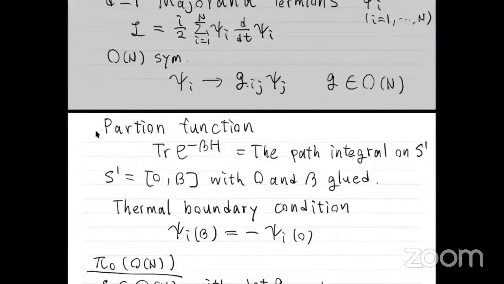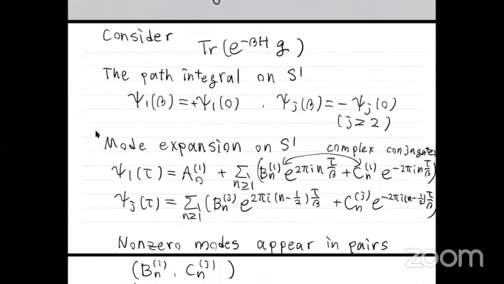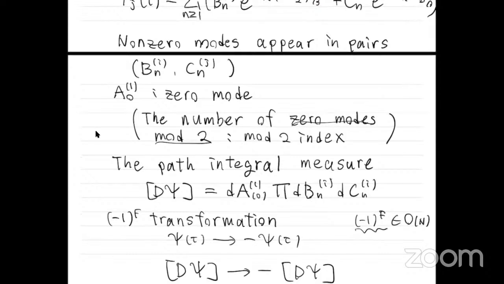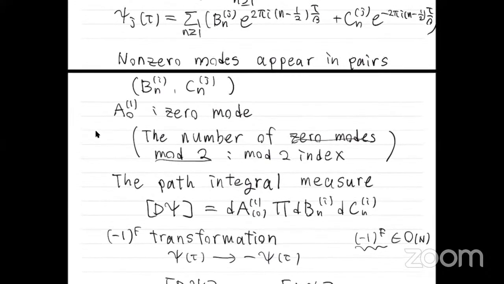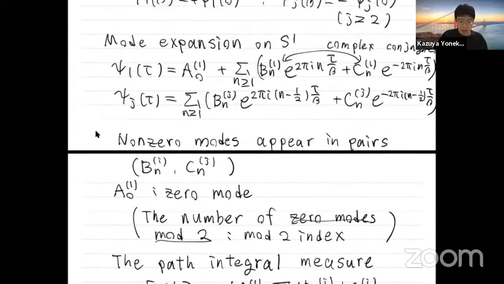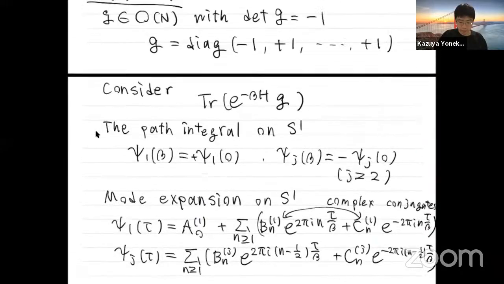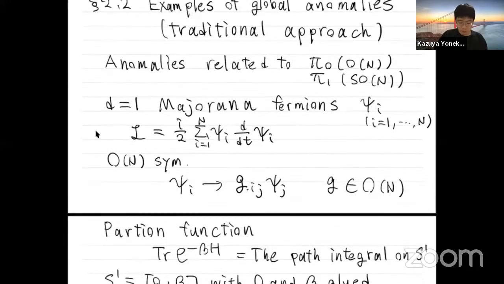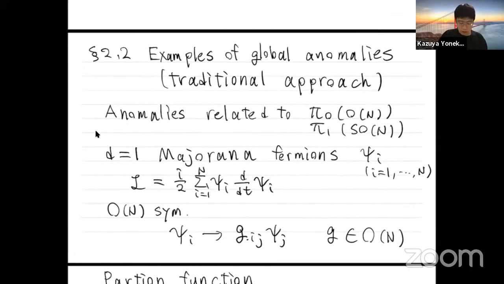A short question is: should we assume that this Dirac operator d over dt is an invertible operator? I mean, if excluding the zero modes, is it invertible? What is your motivation to ask that question?